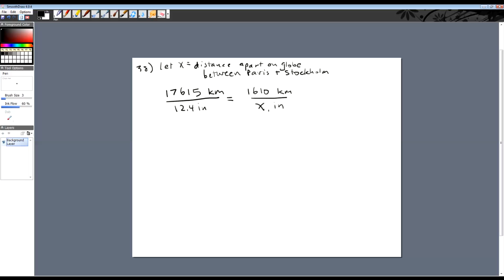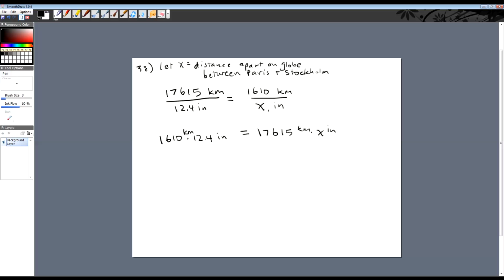So we can perform a cross multiplication here. So 1610 times 12.4. Now let's put the units here. So 12.4 inches and 1610 kilometers equals 17,615 kilometers times X inches.